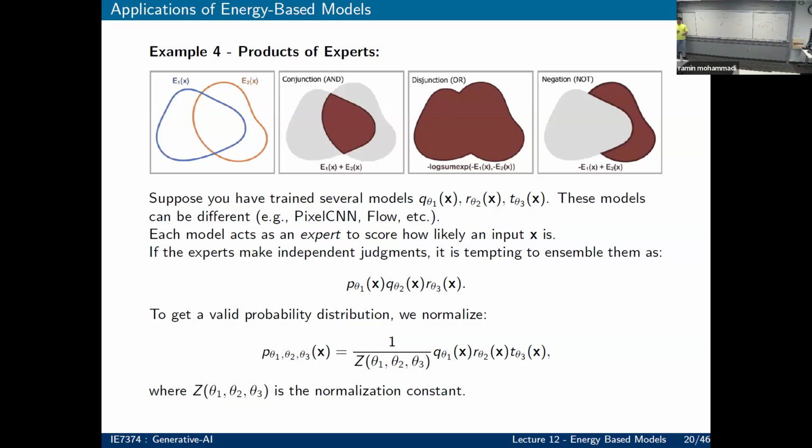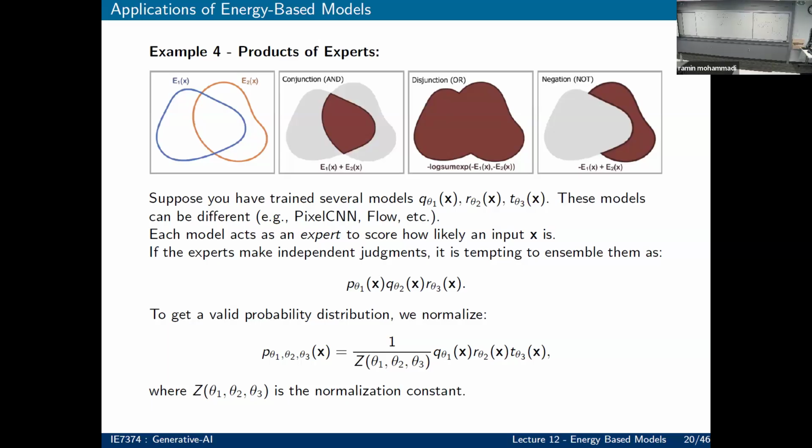Now, think of a simple scenario. I have three expert models: one of them P theta 1, another Q theta 2, and the other R theta 3. Let's think that I built three generative models and I'm trying to combine them. To combine them, you pass the same data to each of them.